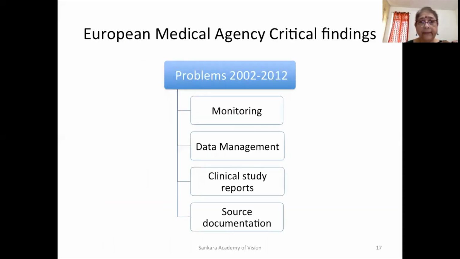So what happened after the release of GCP in 1996? Between 2002 and 2012, the European Medical Agency found certain critical aspects which needed to be rectified. They found a lot of gaps in monitoring, data management, clinical study reports, and source documentation.